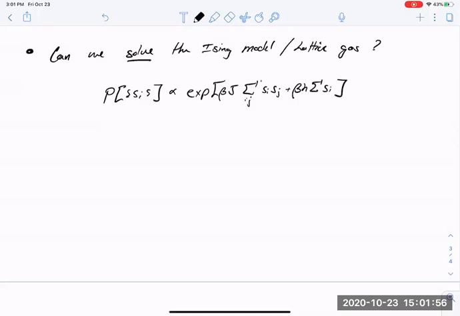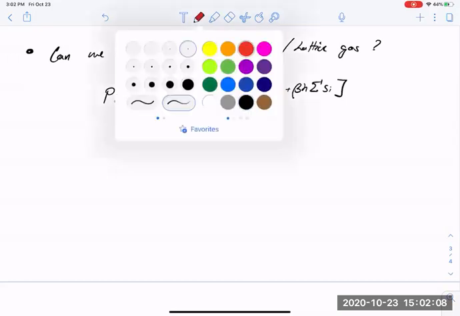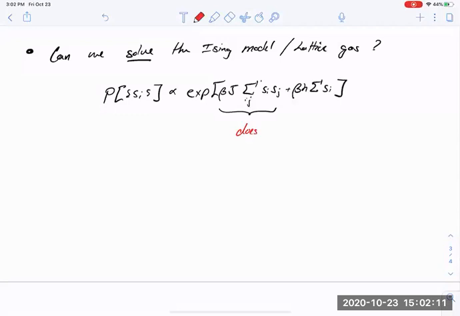And for any finite J, that probability does not factorize. It does not factorize because of this term here that depends on the product of Si and Sj. Which is a bit of a bummer.